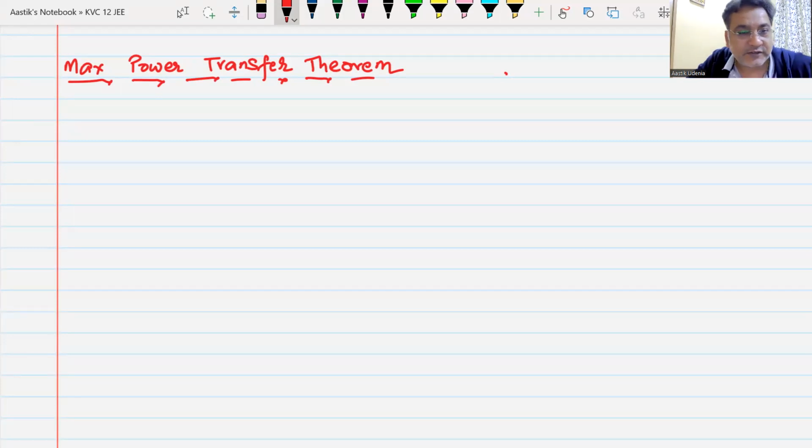After 2 days, it will be down the drain. But still, for those 2 days before going into the drain, let's see what this theorem can help us with. Maximum power transfer theorem, it is known as. And how does it help? Apart from filling the drains of Hyderabad, what does it do? It does this.